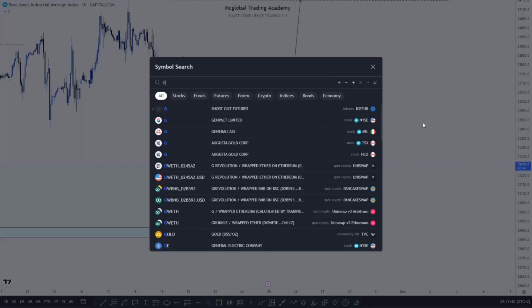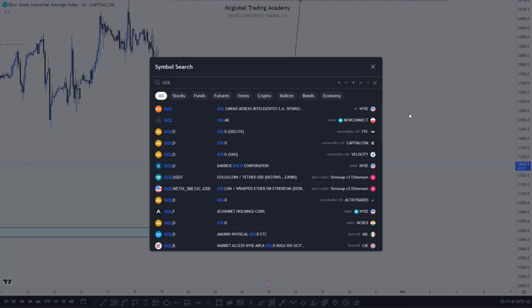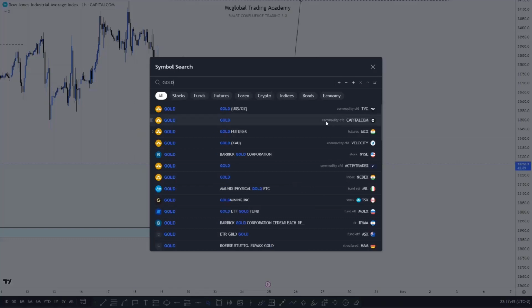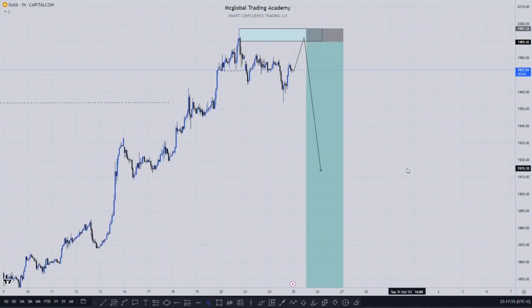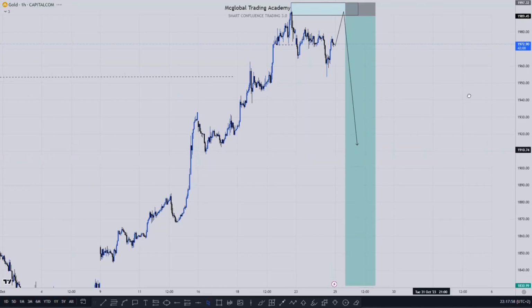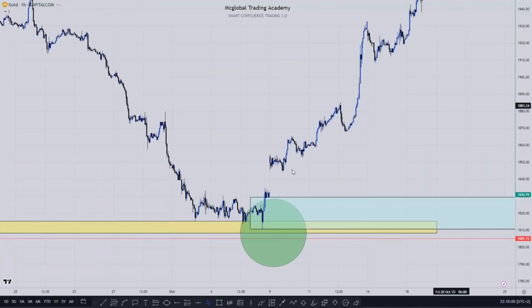So gold, let me go back. Gold's best selling zone is up there. We sell there, then we drop all the way.